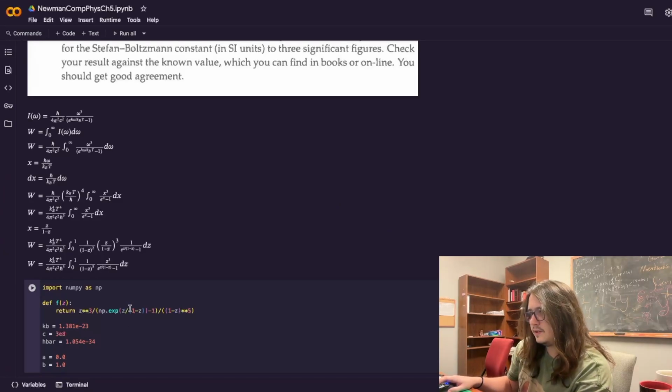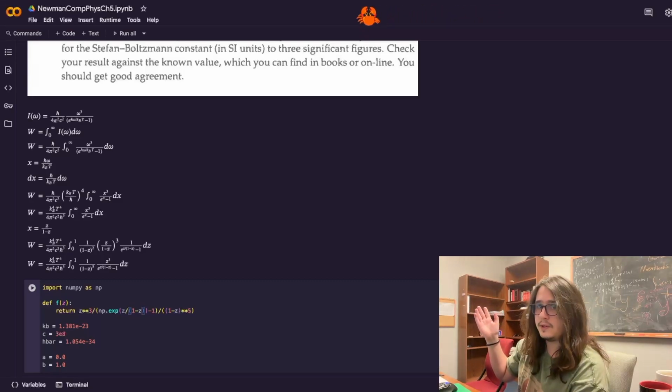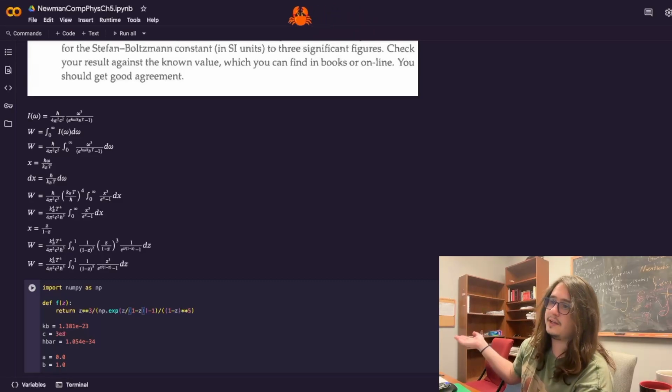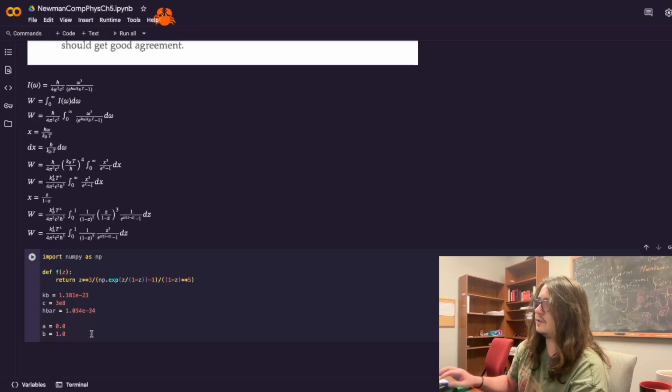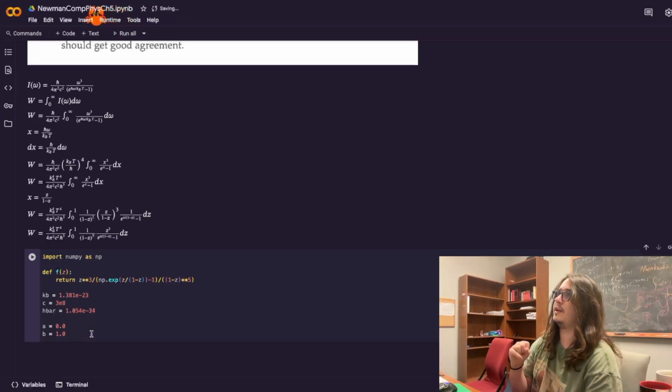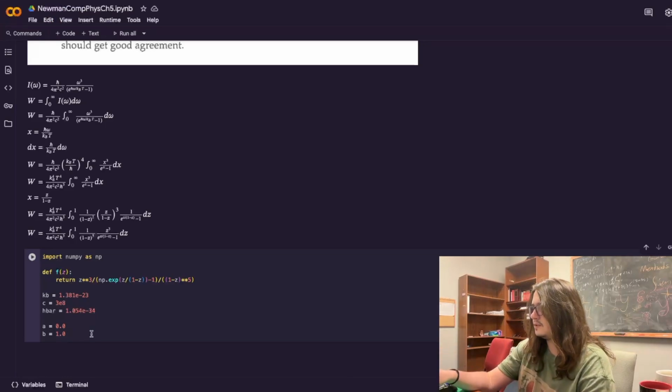With this z over 1 minus z, when z is equal to 1, that denominator is 0, which means you're going to have a really high exponent, which means a really high denominator for the return function. So Gaussian quadrature can kind of handle that already. It's built into the method to handle that singularity.